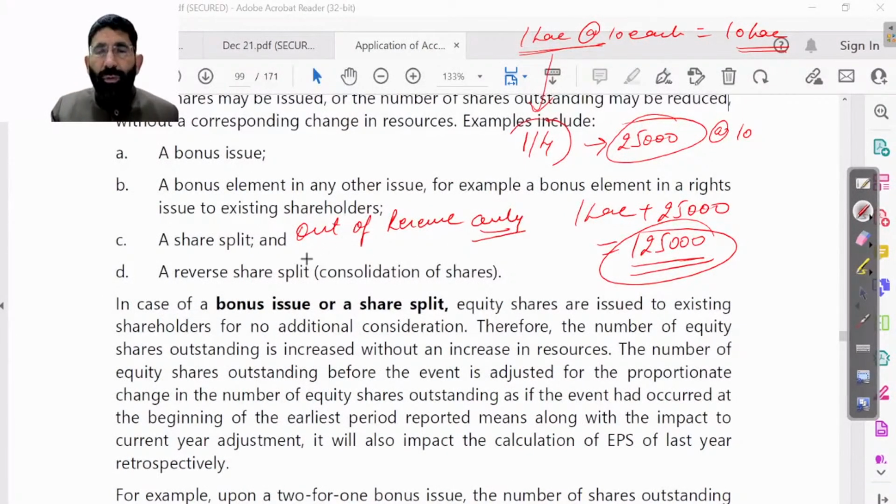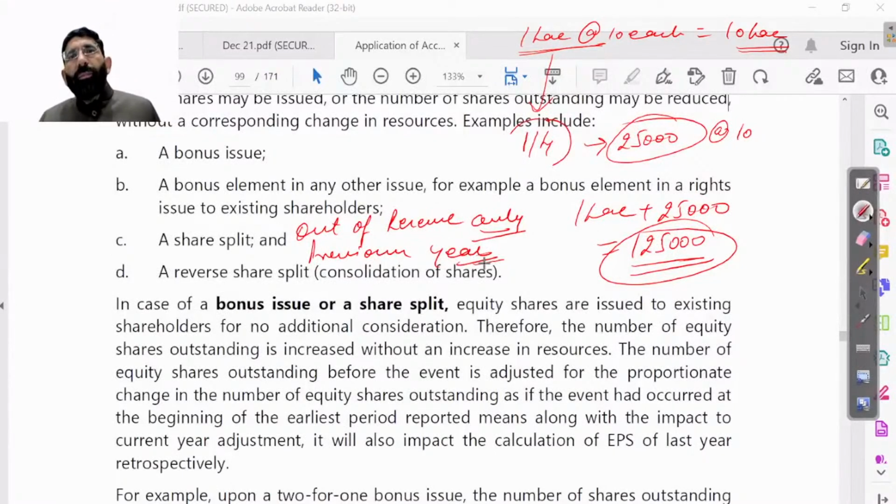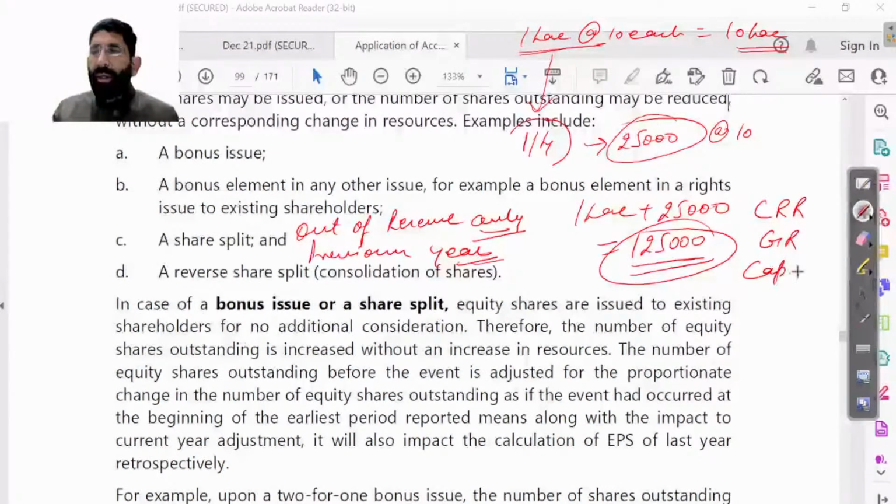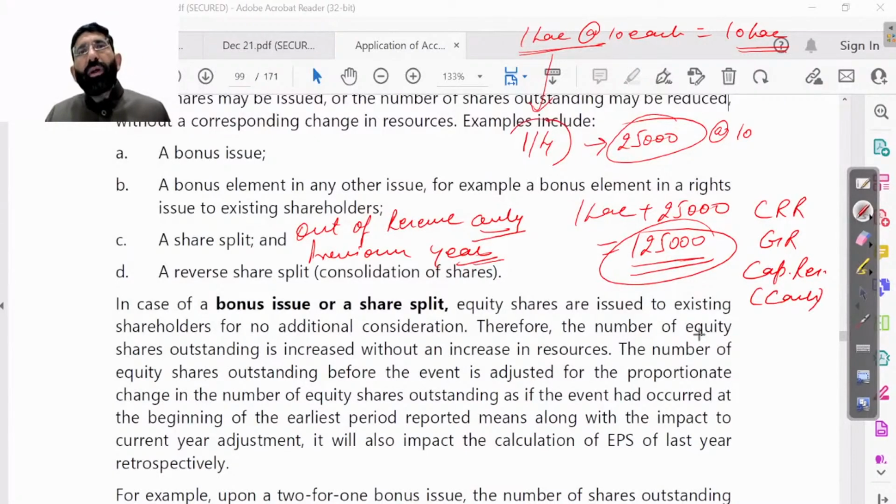And that reserve is of previous years, because we are preferring to go for CRR, GR, capital reserve received in cash for the purpose of issuing bonus shares. So that means these are of previous years.